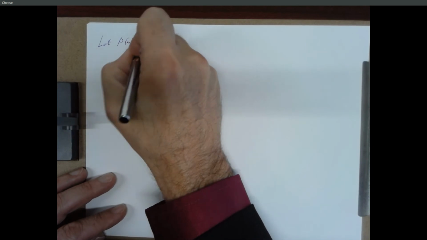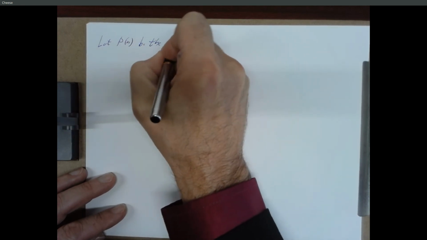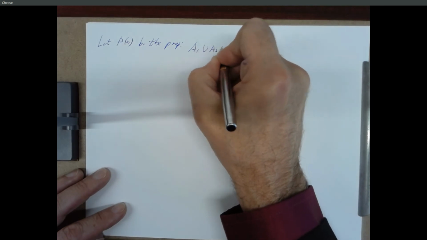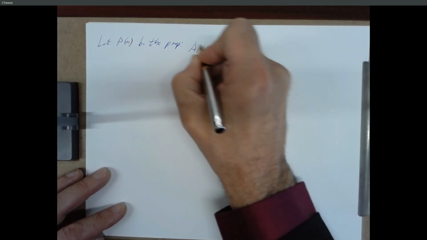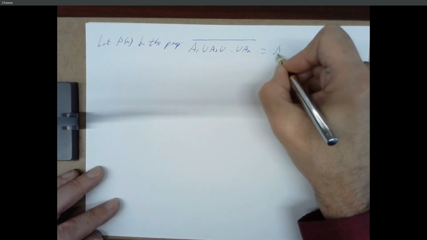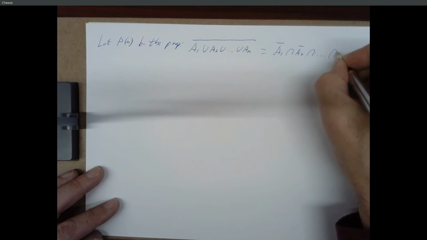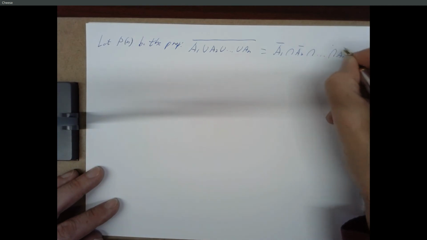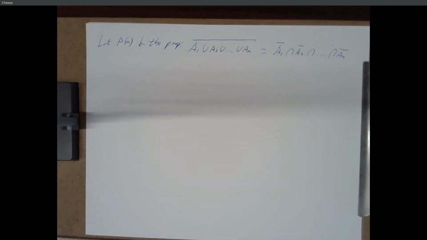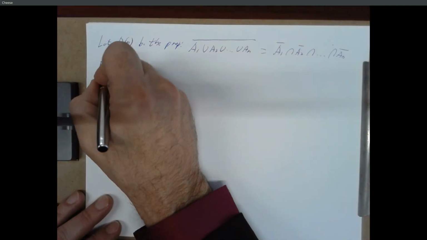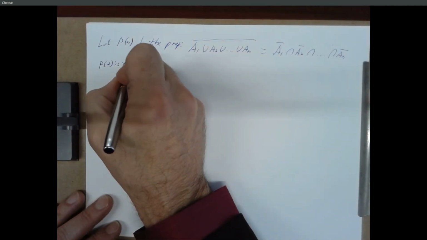Let P of n be the proposition. P of n says De Morgan's theorem for n sets. And we know P of 2 is true.